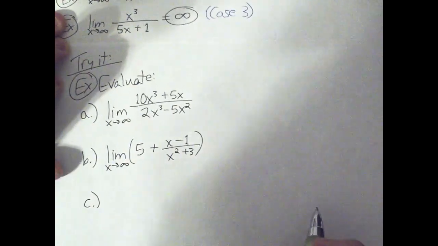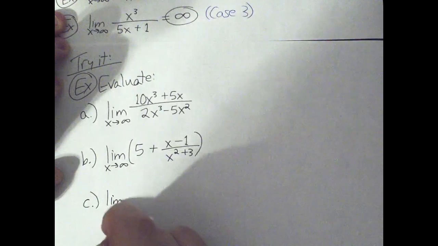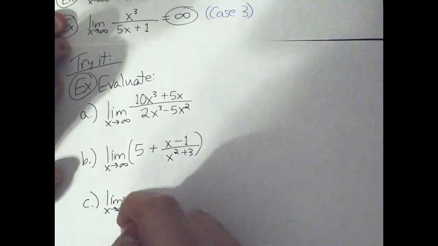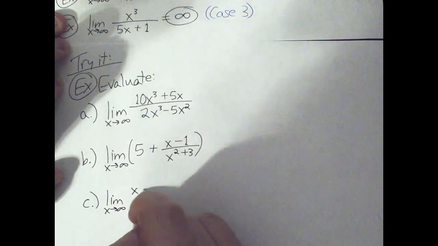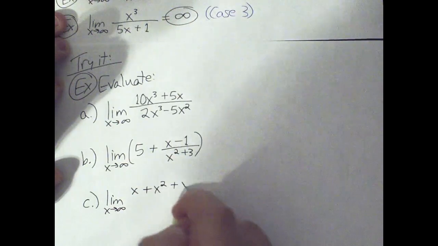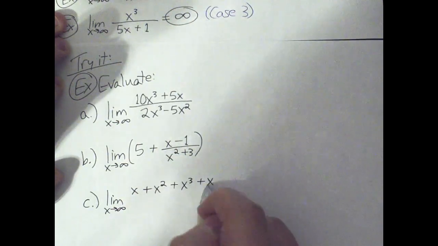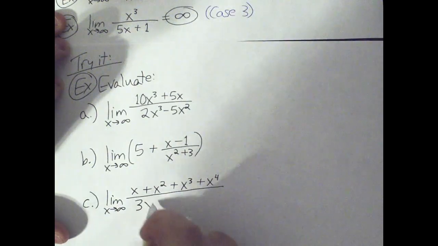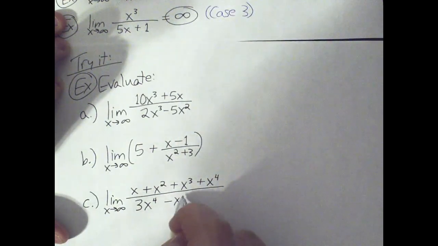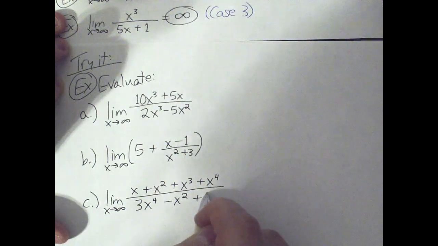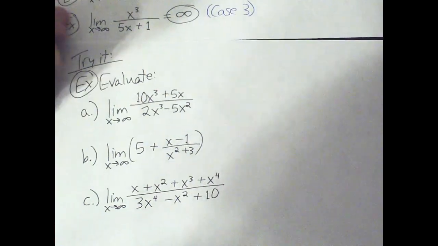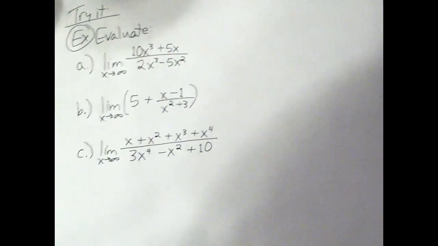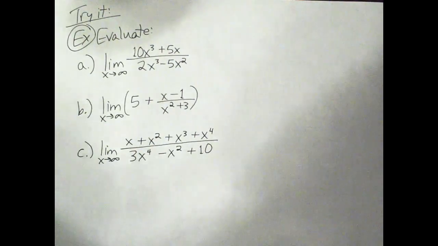And part C: limit as x goes to infinity of x plus x squared plus x cubed plus x to the fourth divided by 3x to the fourth minus x squared plus 10. So I'd like you to try all of these. This would be a good spot to pause the video, take a minute, and give this a try.